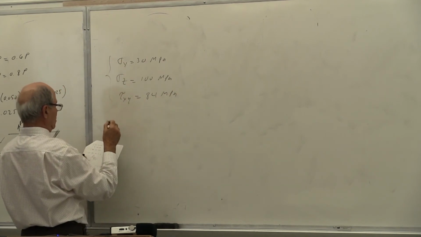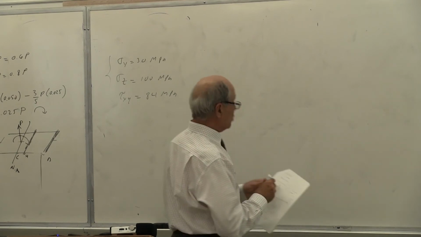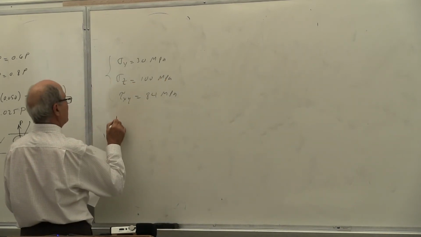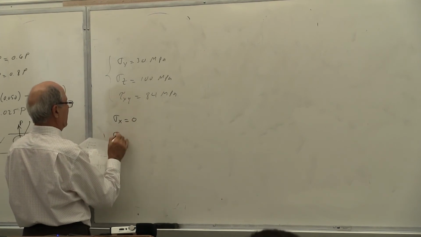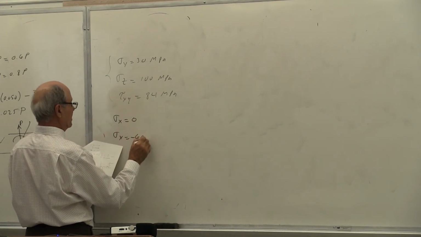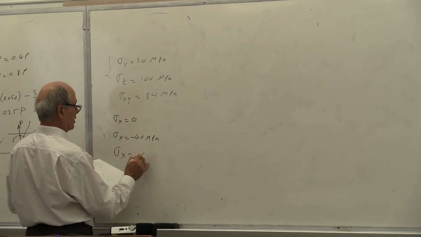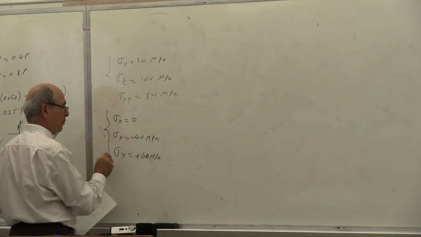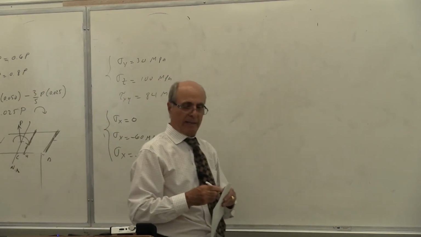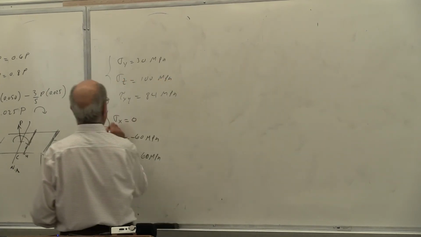I want you to do 3 problems into one: sigma x equal to 0, sigma x equal to minus 60 megapascal, and sigma x equal to plus 60 megapascal. I'm going to explain the significance of all these 3. And this is the standard.